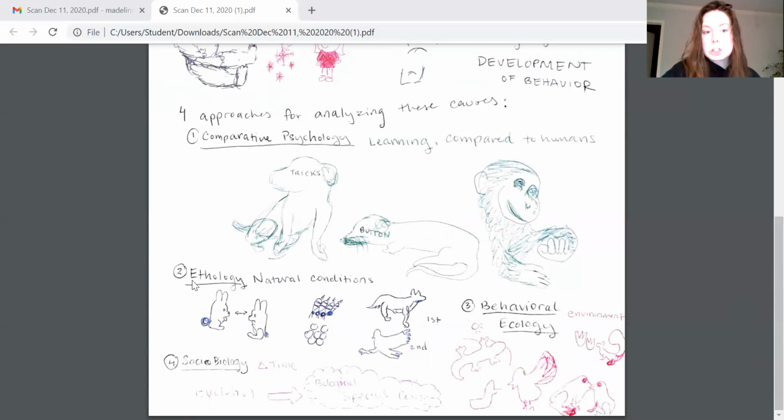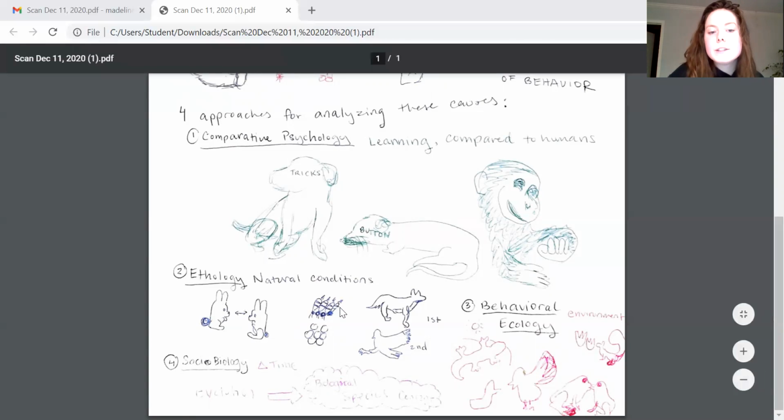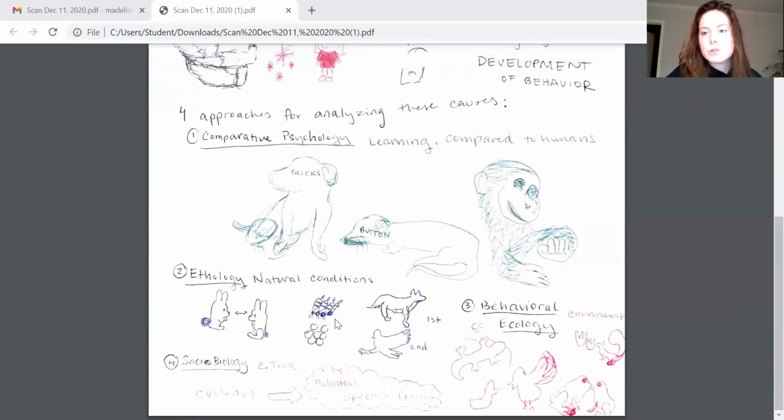Number two is called ethology. This is what we focused a lot on. This is how animals behave in natural conditions, especially species communication, like intraspecific communication within one species, like how a cottontail uses its tail to warn others to flee, or how honeybees all have communal care for the larvae, which is also seen in termites and ants.